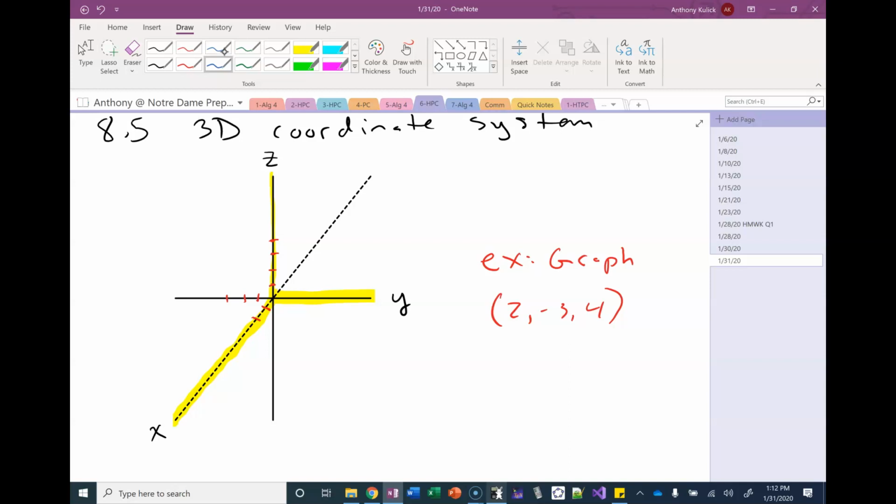Okay. So I'm going to start by finding the point 2, 0, 0, which is right here on the x-axis, right? I'm going to draw a line now, starting here, parallel to the y-axis. Everybody okay there? Now I'm going to find the point 0, -3, 0 on the y-axis.